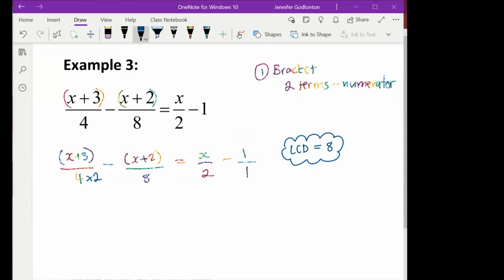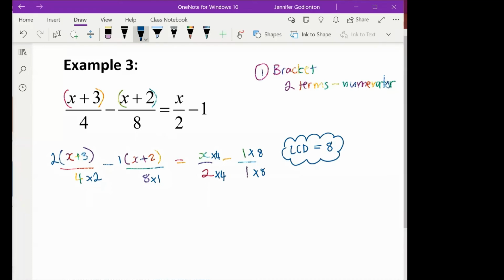Now, the reason I said put those 2 in brackets is because we have to multiply both of those by 2. But luckily, we've been doing distribution since grade 9, so we can just stick a 2 in front of the brackets. The 8 doesn't need to be multiplied by anything, but sometimes I find it easy to write a 1 there, but you don't have to do that. And then times 2, we have to times by 4, and the 1 we have to times by 8.